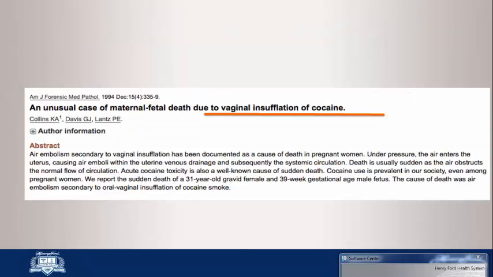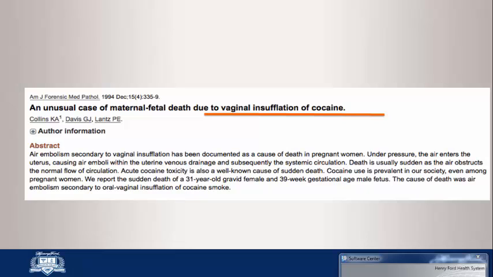There was also maternal-fetal death due to vaginal insufflation of cocaine, something you can see in our population. It was sudden death of a mother. She was 31, she was 39 weeks, and there was insufflation of cocaine in the vagina that led to air embolism and death. I think what's frustrating about all these cases is that they are all at 38 and 39 weeks.